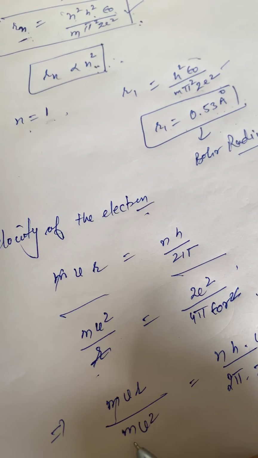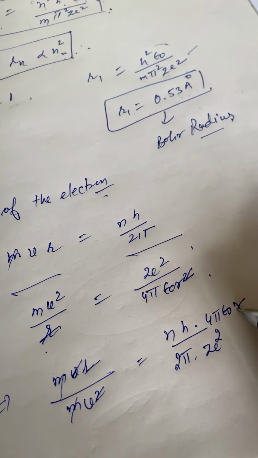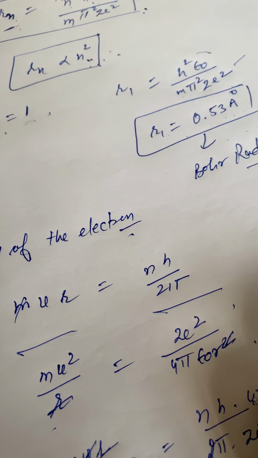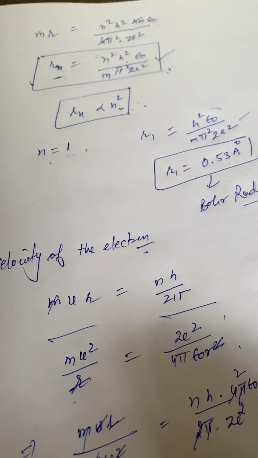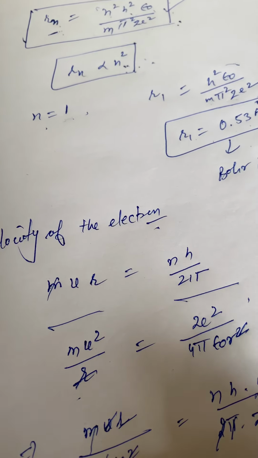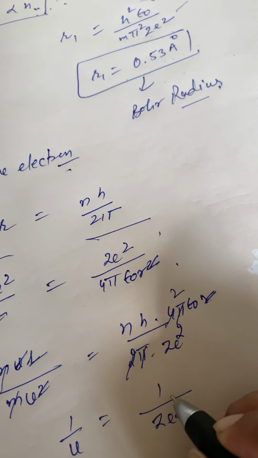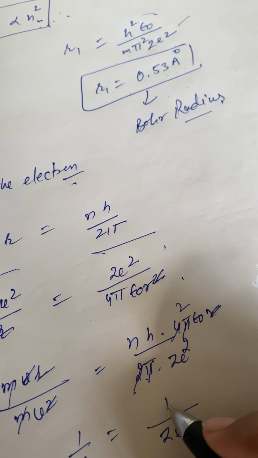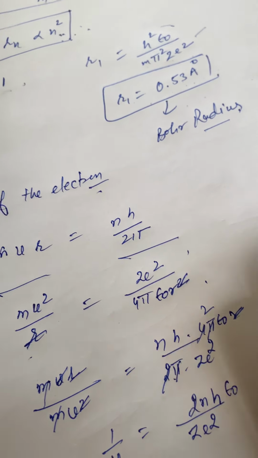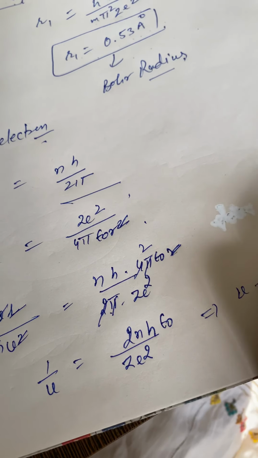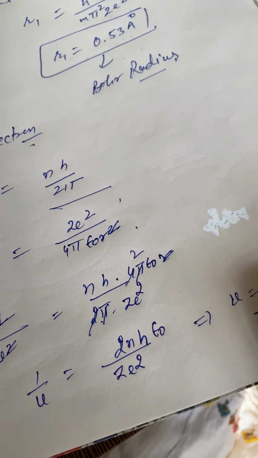M will be cancelled here, and here we will cancel r, and 2 with 4 pi. Then 1 by v is equal to 1 by Z e square, and 2 epsilon naught n h, or v is equal to Z e square divided by 2 n h epsilon naught.